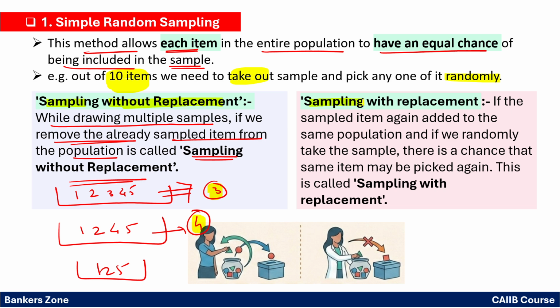Now what is sampling with replacement? Simply, if the sampled item is added back to the same population, then there is a chance that the item we picked may get picked again.